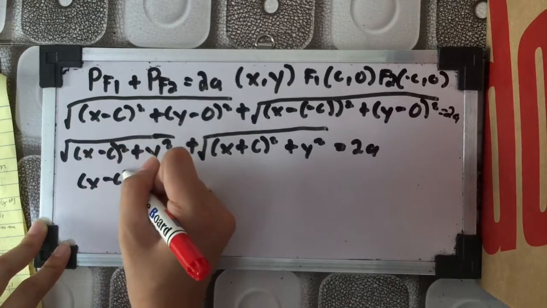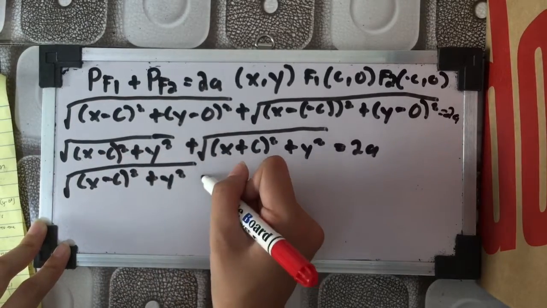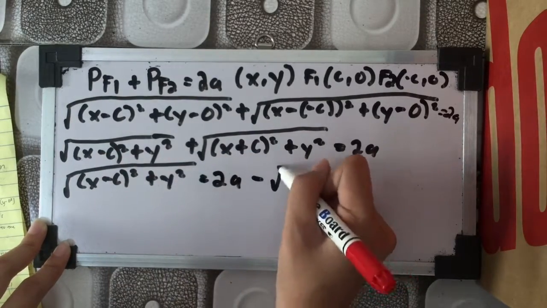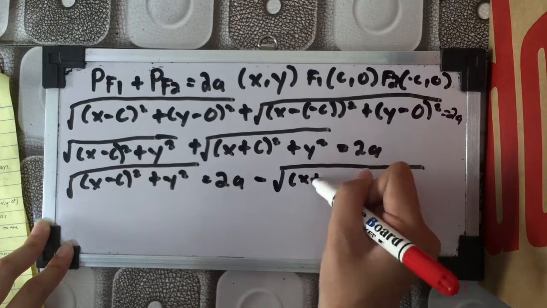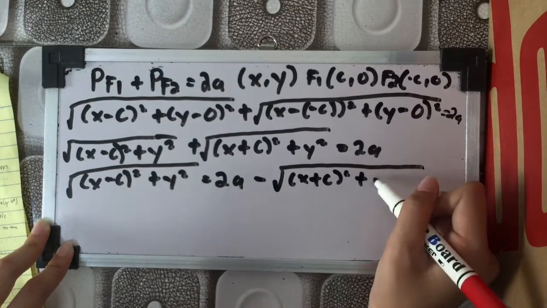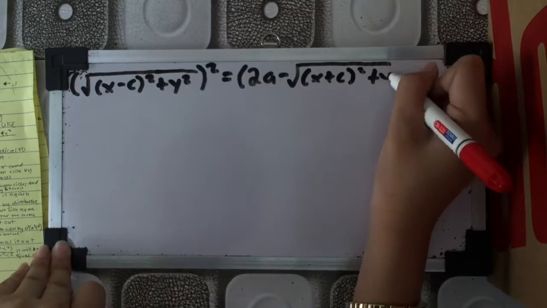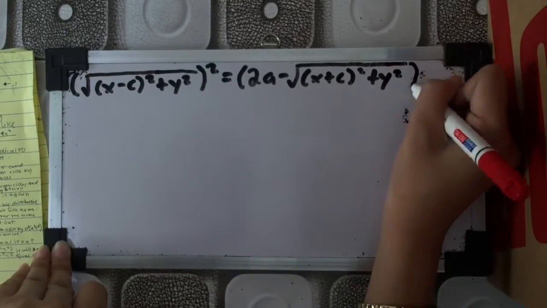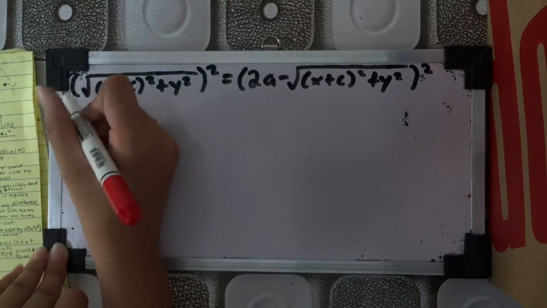So basically, as you can see, we move 2a to the other side and we just copy the rest. So in this part, we just squared both sides so that we can cancel out the radical sign.